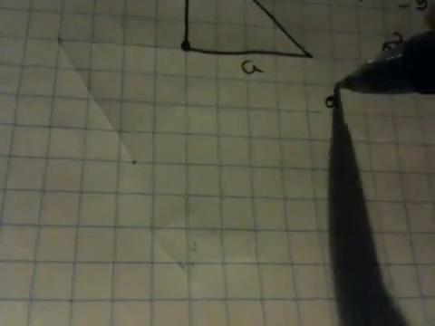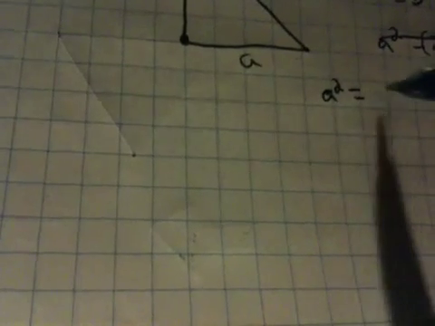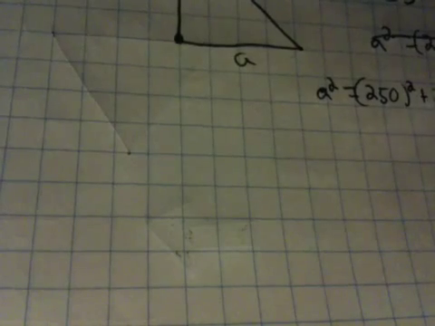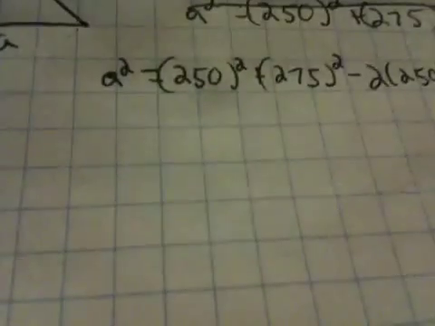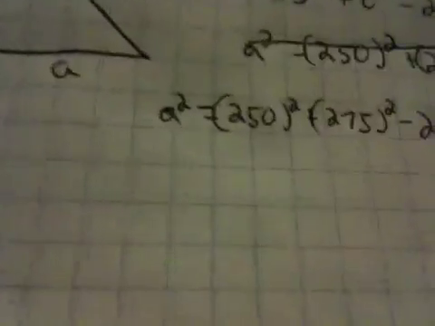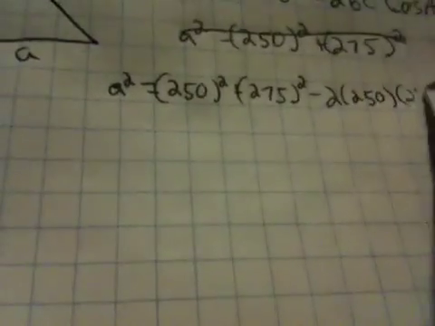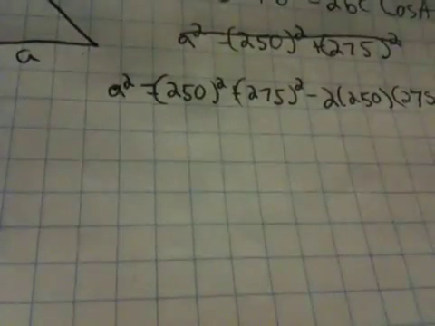I'll just rewrite it, A squared equals 250 squared plus 275 squared minus 2BC, so minus 2 times 250, which is B, times C, which is 275, times the cos of A, which would be the cos of 70 degrees.